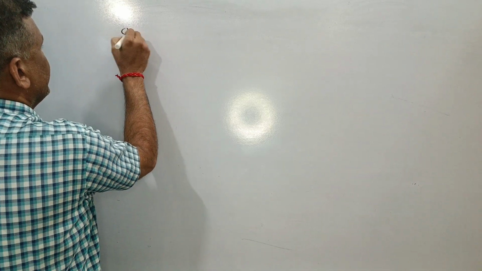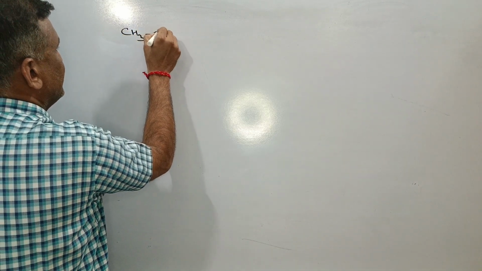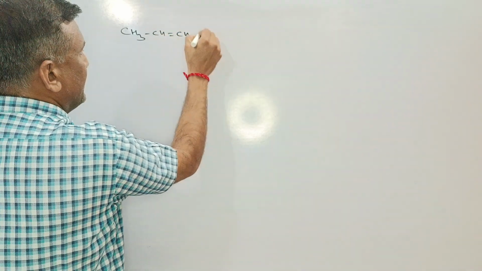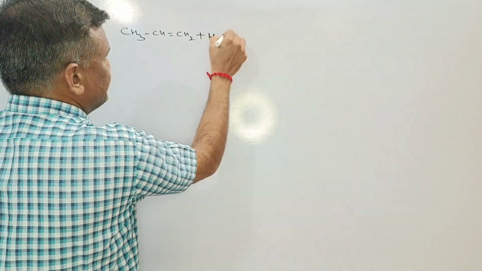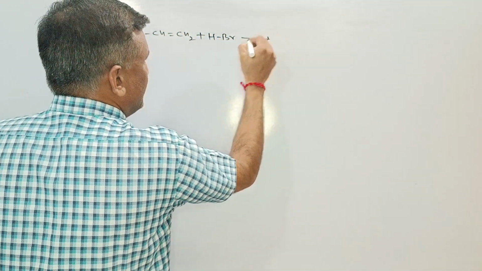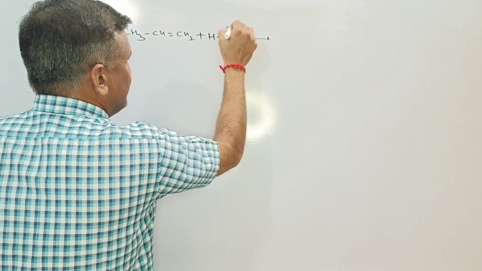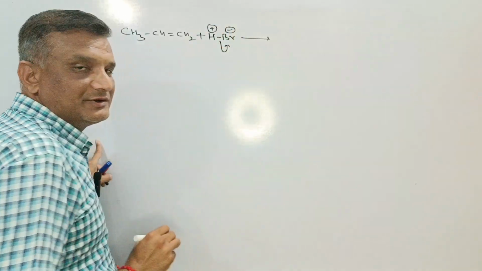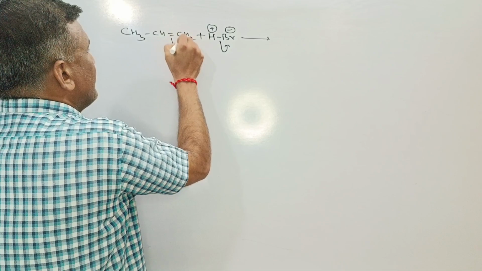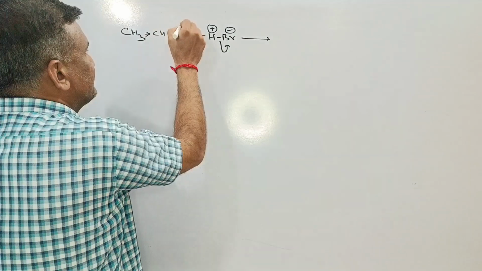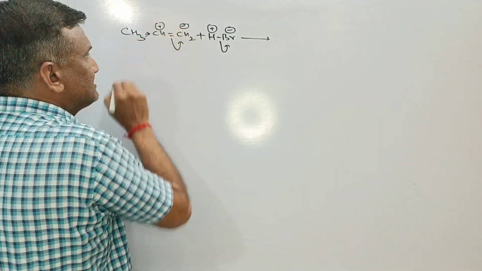Suppose here is an asymmetrical alkene, propene, and there is the addition of HBr. The more electronegative part is Br, the less electronegative part is hydrogen. Withdrawing of electron due to inductive effect will be as follows: minus and plus.